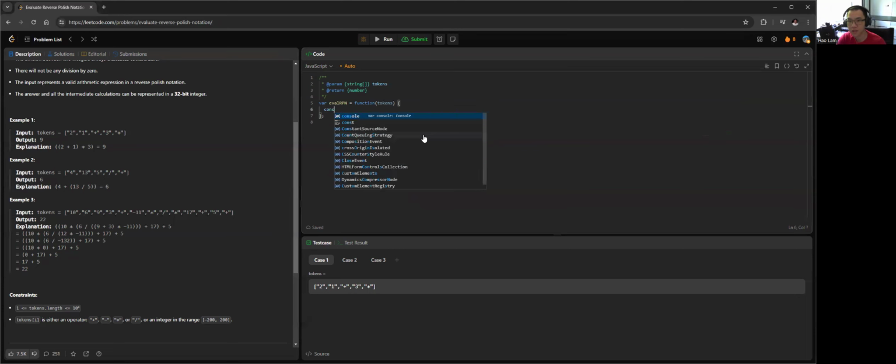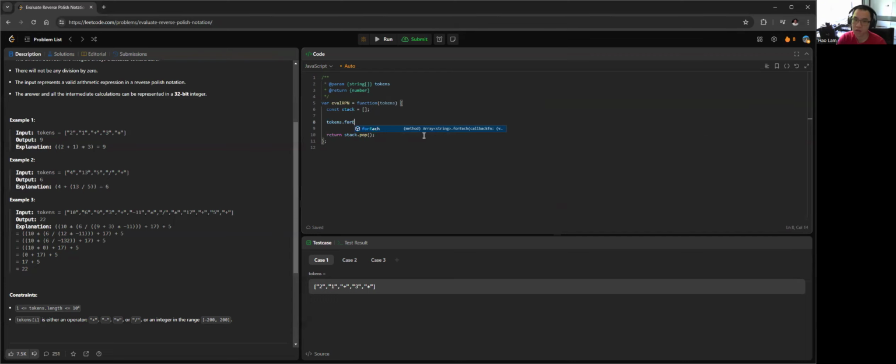Okay, so we just have a stack, an empty array, and we can return stack.pop. We need to iterate over each token.